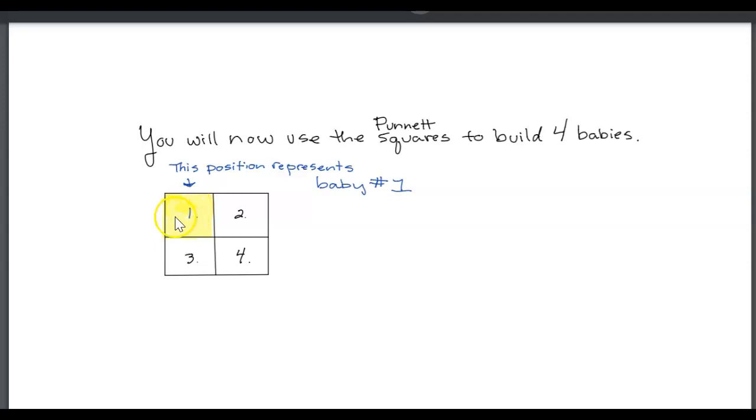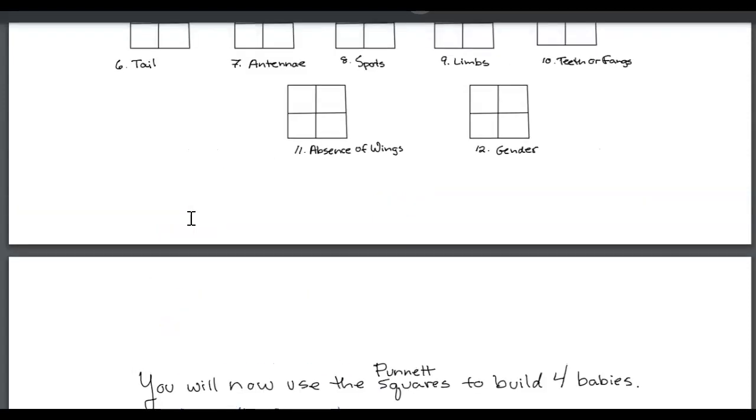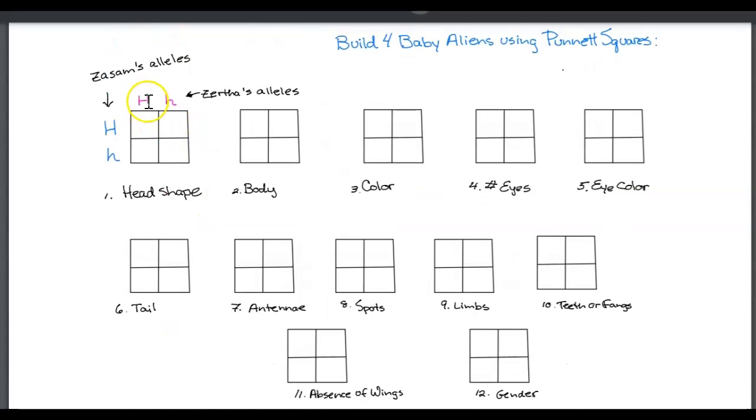Then baby number 1, I'm going to use the information that's here to build the baby's head for that particular one. So for this one, remember this up here, if I come back up here, we would see that there'd be 2 capital H's right here. And then the second one, baby number 2, would be heterozygous, have both a dominant and a recessive allele here.